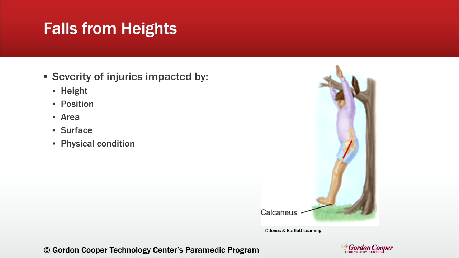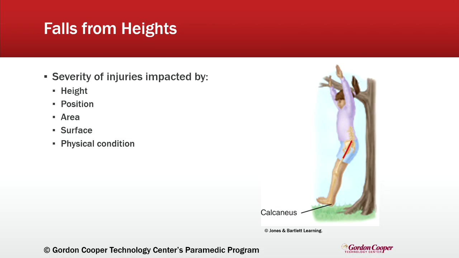The area of impact matters. The larger the contact area, the better it's going to dissipate the forces. So the smaller the contact or impact area, the greater the damage may be to whatever is making contact first. Surface type also is going to affect energy absorption, as a more deformable surface reduces deceleration forces.